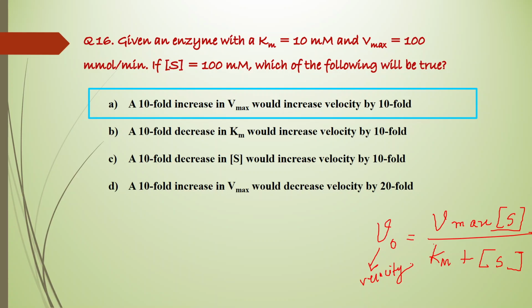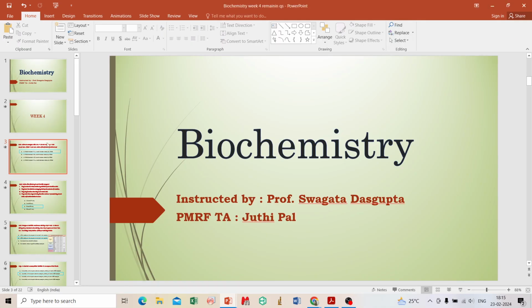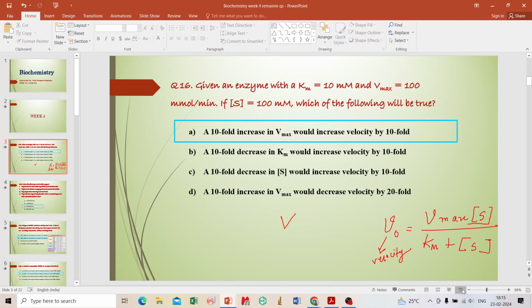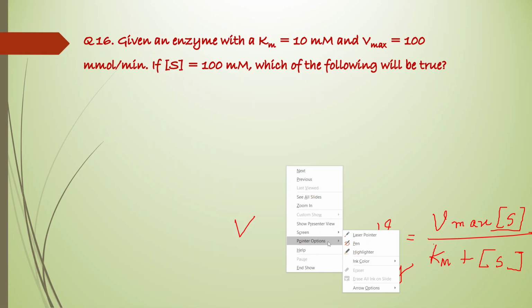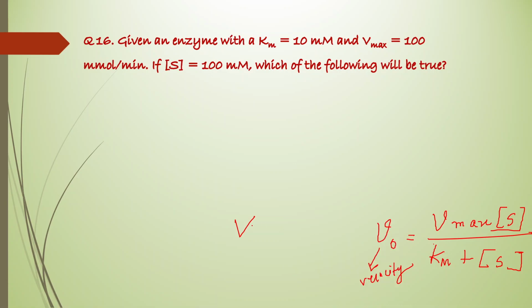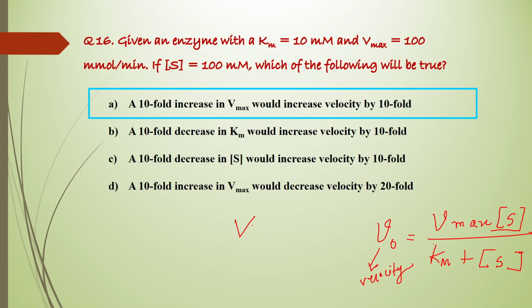The first option states that a 10-fold increase in Vmax would increase the velocity by 10-fold. So the relationship between V0 and Vmax is just proportional.